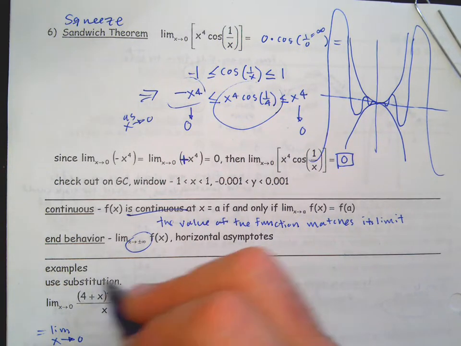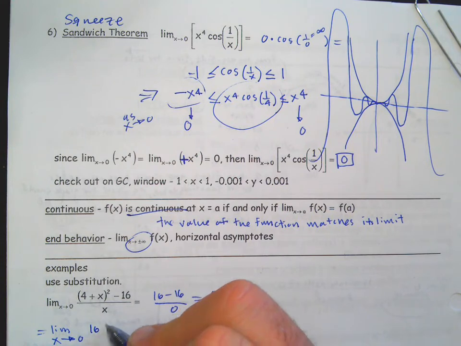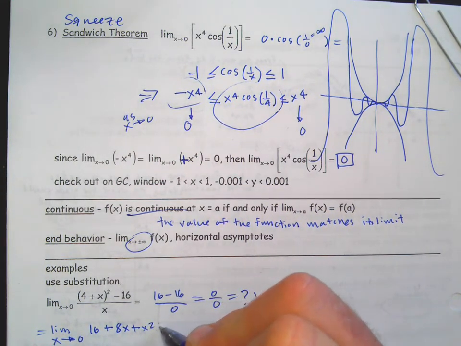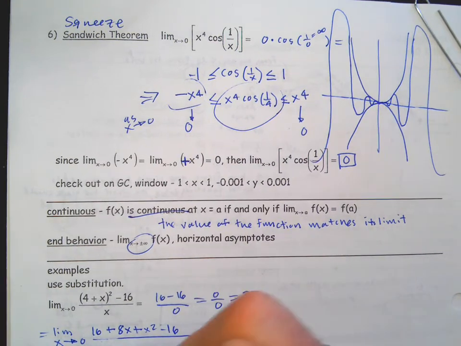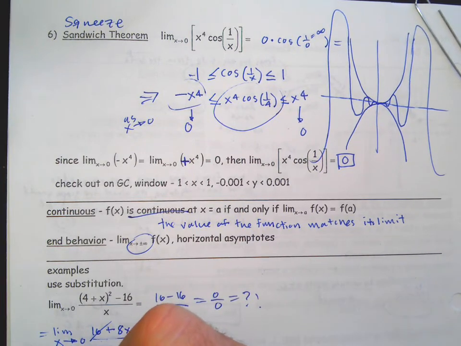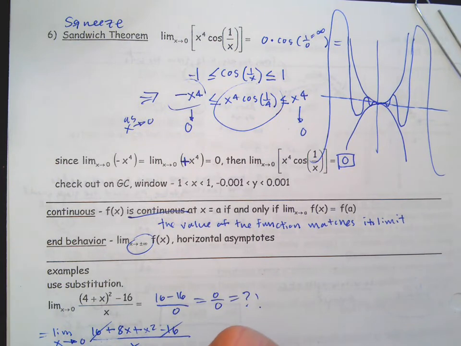But the top needs to be multiplied out first and combined together before you can factor it. And so this is the kind of work you would show. And then we could factor an x out of what's on top and x out of the bottom. That's the hole. And then we plug 0 back in and we get our answer.